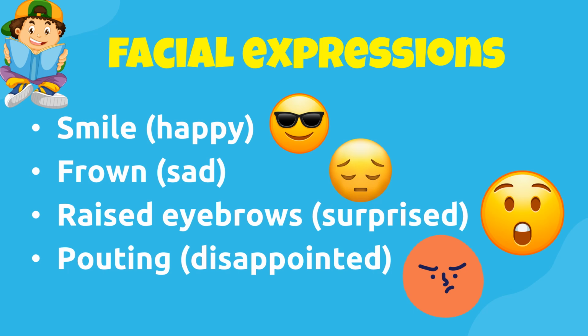When we raise our eyebrows, sometimes it signifies that we are surprised. And pouting means we are disappointed. So these are some of the facial expressions that we use to convey what we are experiencing at the moment.